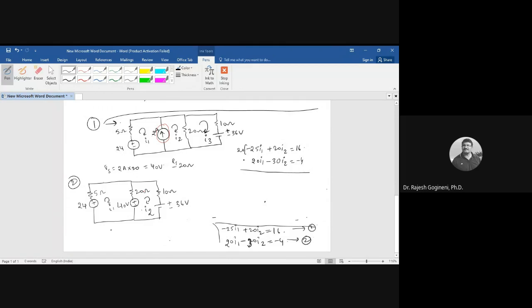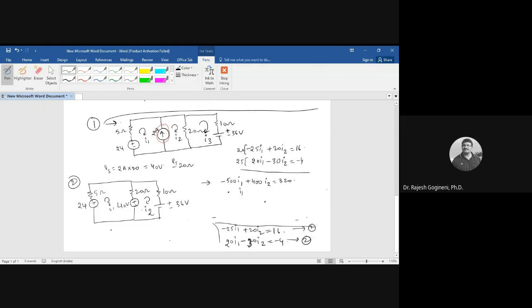Multiply this with 20 and this with 25. So the first equation you will get is minus 500 I1 plus 400 I2 is equal to 320. 25 into 20 is 500.